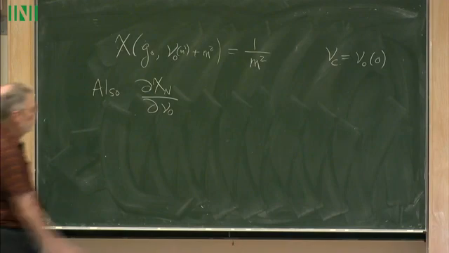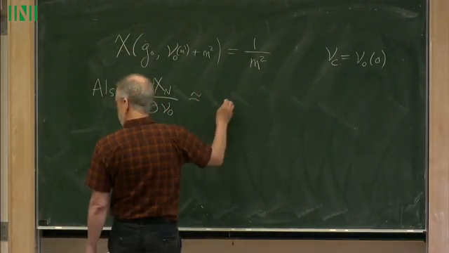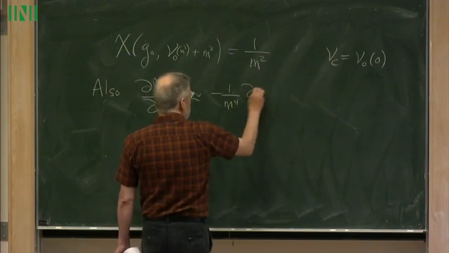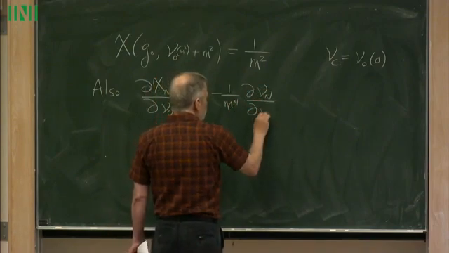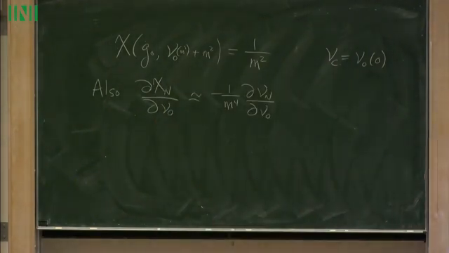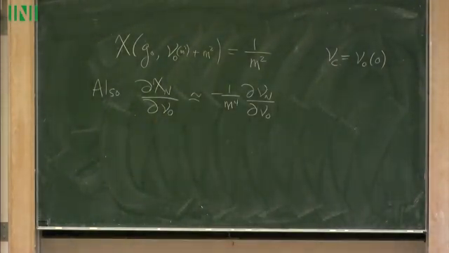So this is going to be, up to that approximation, 1 over m to the 4th times the derivative of nu_n with respect to nu_0. And that you can just compute, because nu_n is just this equation without the L squared, essentially. This part doesn't matter because it doesn't depend on nu_0 anyway.